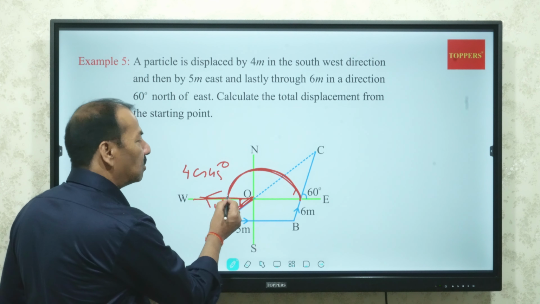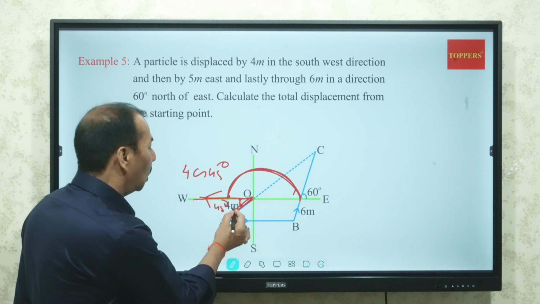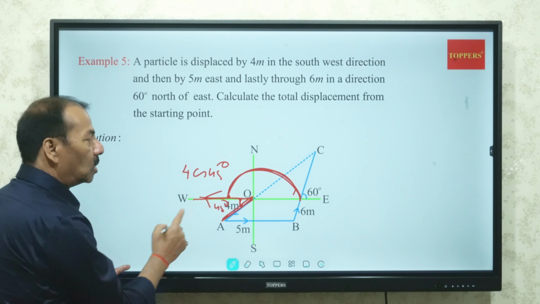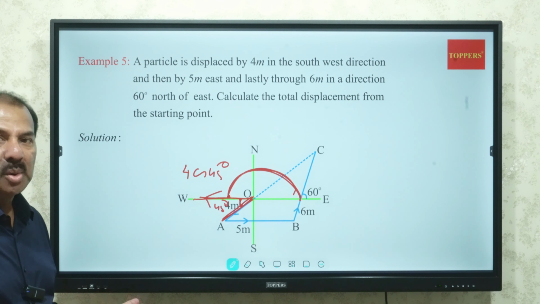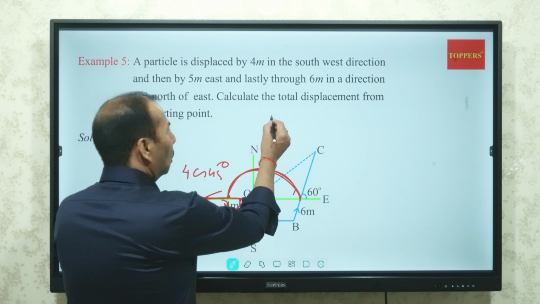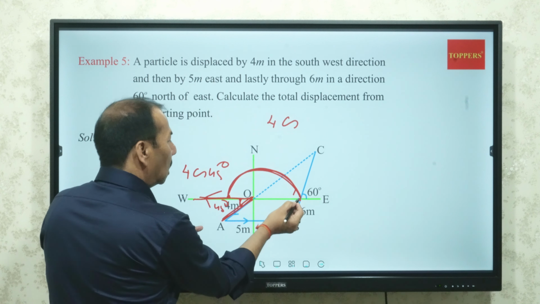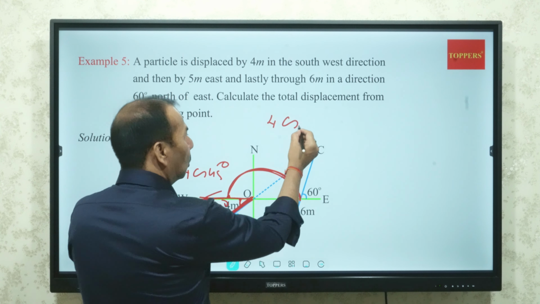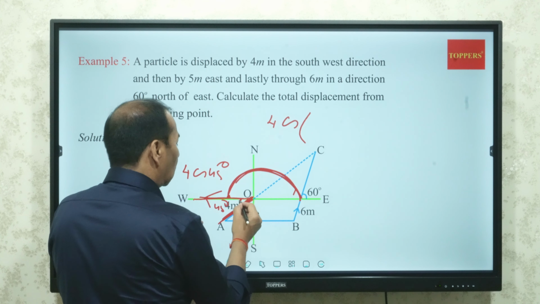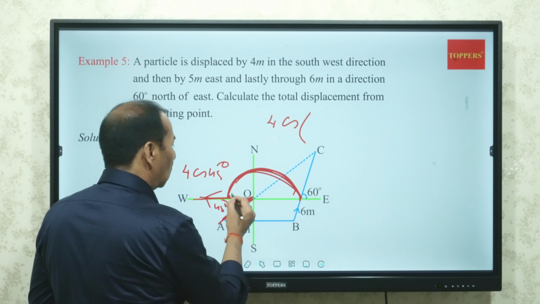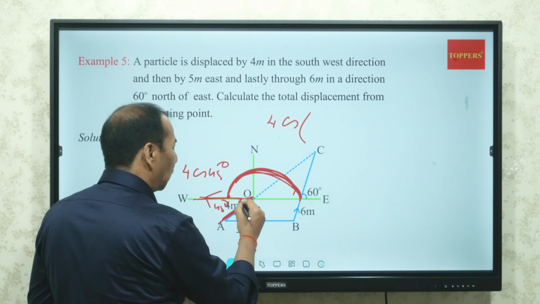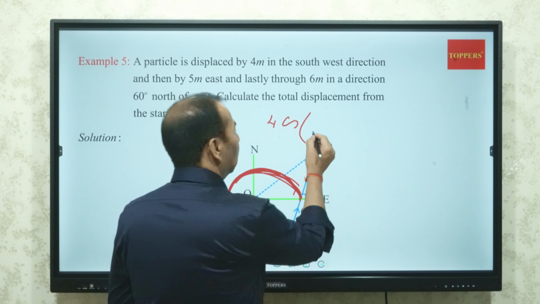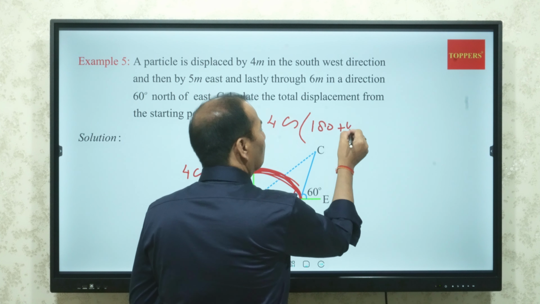Either you say it is 145, 180 minus 45, or I simply say, you will write this component, or some of the books will suggest you write 4 cos, the x component of this 4. So the x component of this 4 will be 4 cos 180 plus this 45, because this line is at this angle. So 180 plus 45.